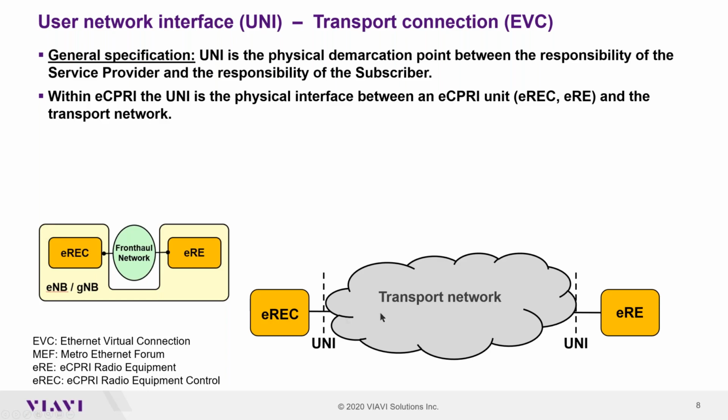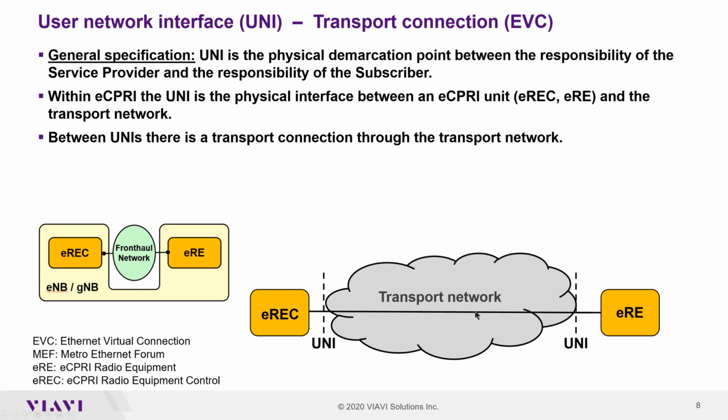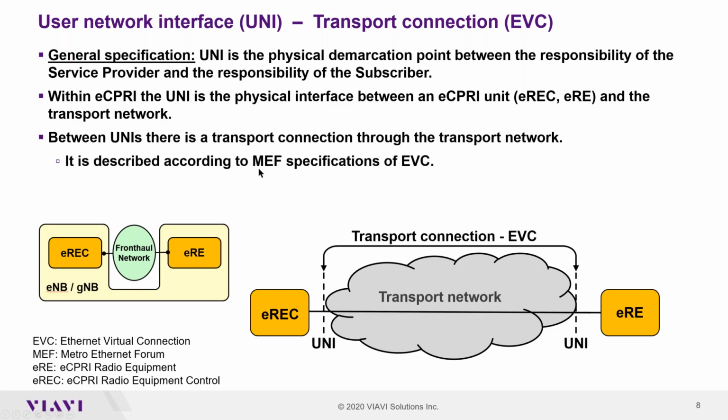Now we need this logical connection between these two. And this is organized with the Metro Ethernet Forum specification for EVC, Ethernet Virtual Connection. So this is how we interconnect radio equipment to the radio equipment controller. And here we are back in our traditional area of transport testing.